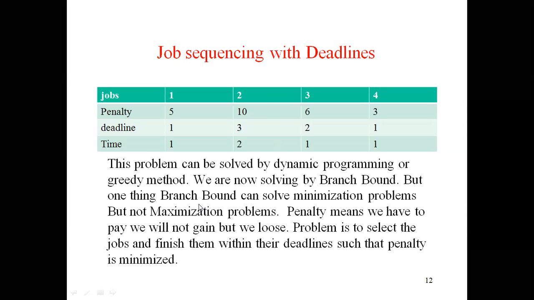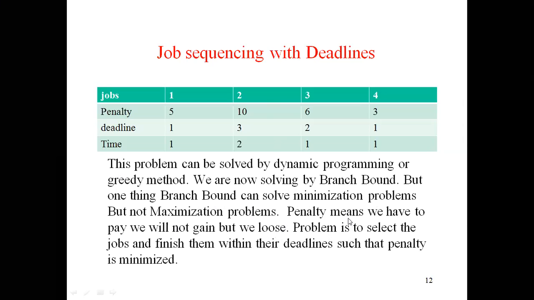But one thing, branch and bound can solve only minimization problems, but not maximization problems. So that is the limitation of branch and bound.